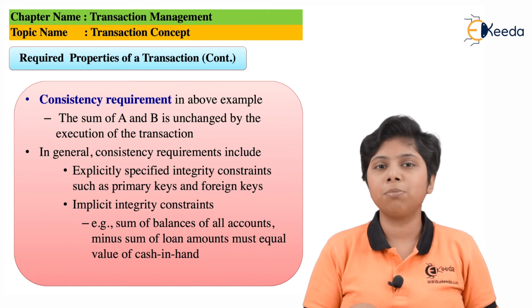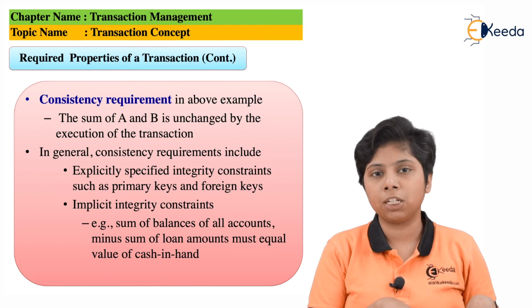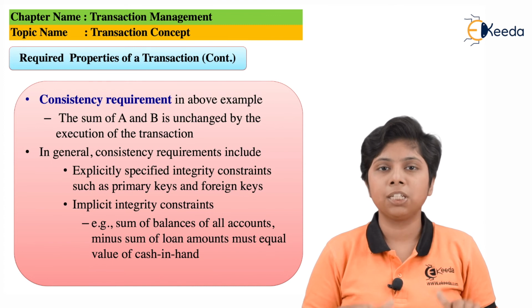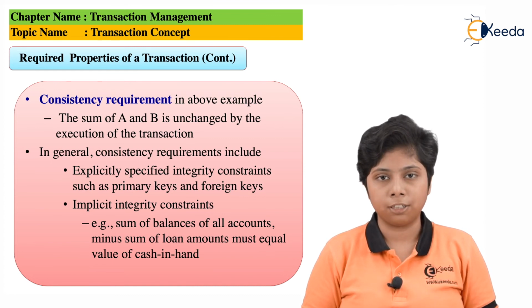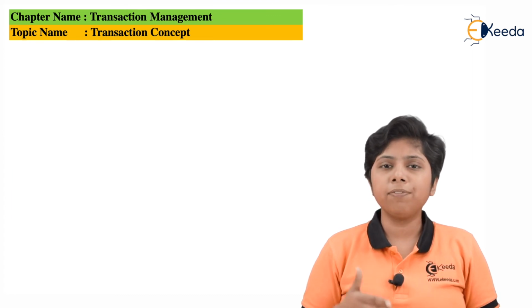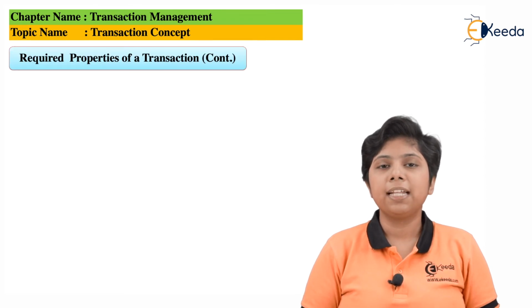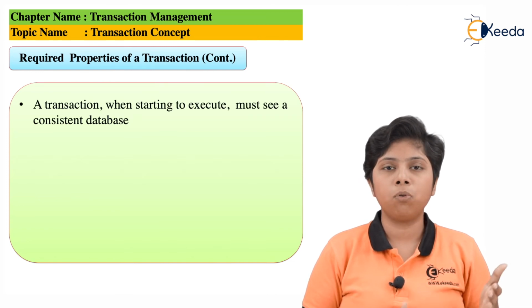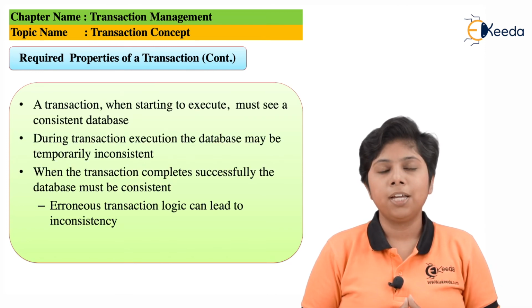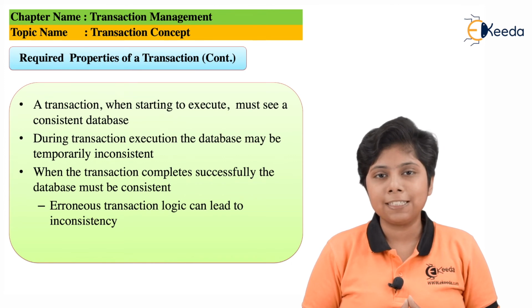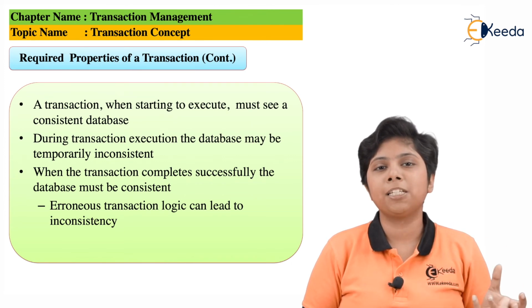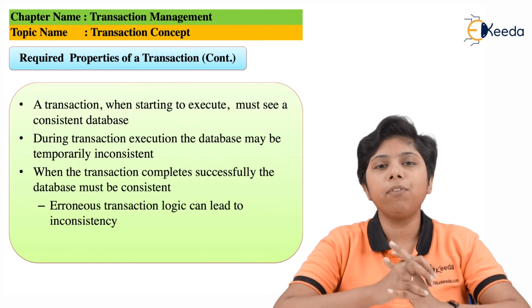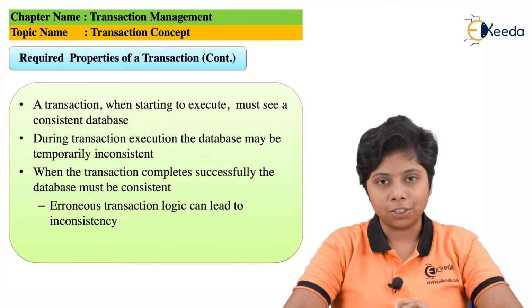That means if we display A plus B before the transaction and after the transaction, both will give the same result if it is a consistent transaction. If the transaction is not consistent, we will reach a result that differs between the old and new value calculations. So now we can check consistency by comparing A plus B for the old and new values. So how can we maintain this consistency in this transaction?